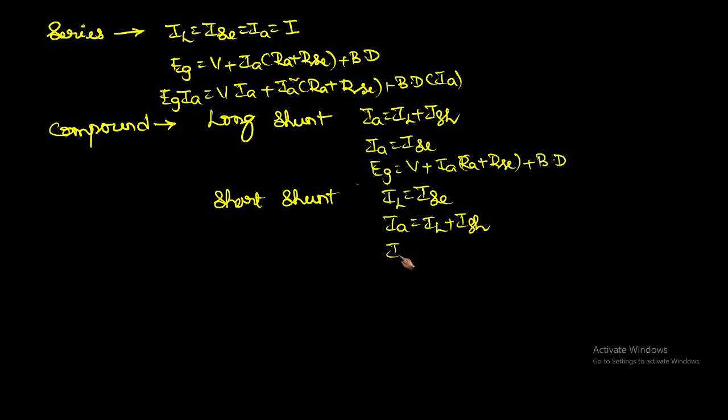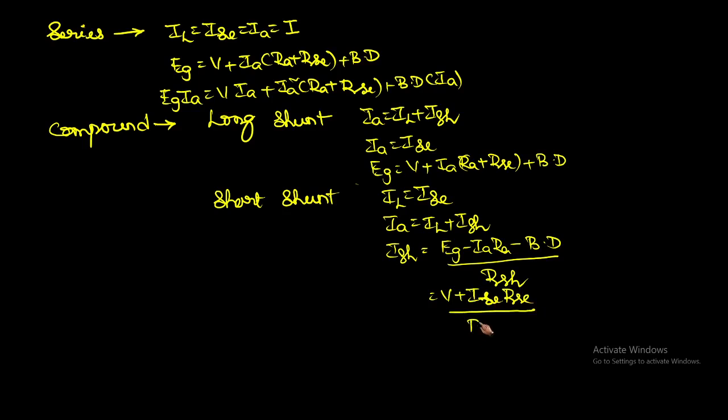Next, Ish is equal to Eg minus Ia Ra minus brush drop divided by Rsh, or otherwise we can write V plus Ise Rse divided by Rsh. The final formula is Eg is equal to V plus IL Rse plus Ia Ra plus brush drop.